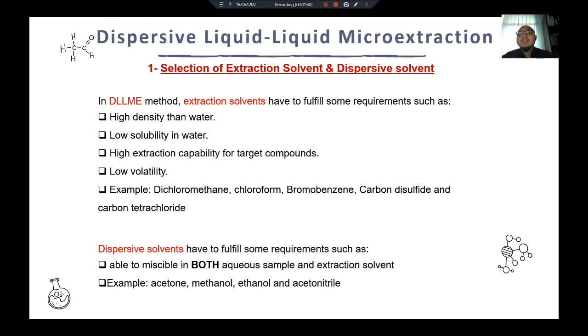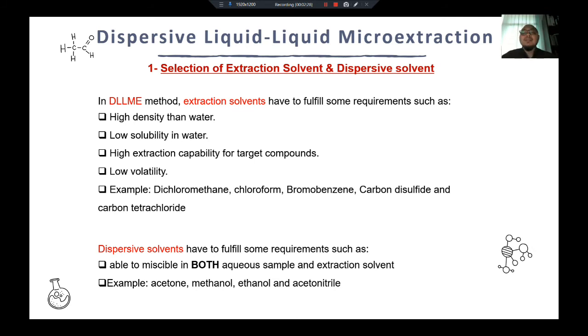That's why it will form a cloudy solution, because the dispersive solvent must be miscible in both the aqueous sample and the extraction solvent. It must be soluble and miscible in both. That's why when this happens, it becomes cloudy. So it means it will disperse our extraction solvent very well inside that particular sample.